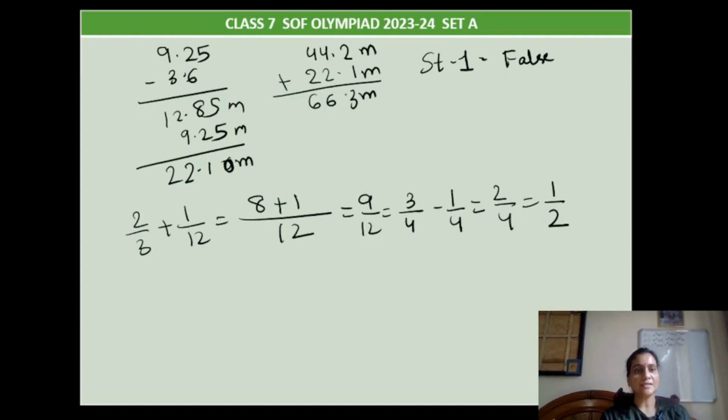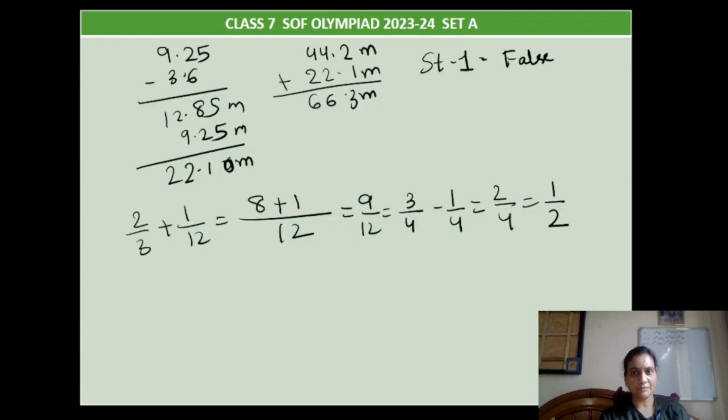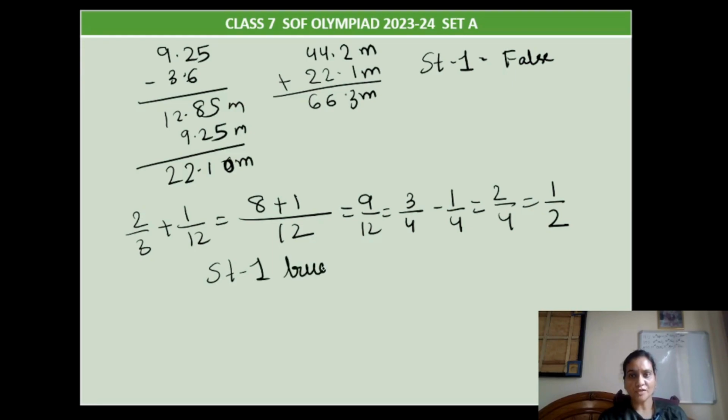So the statement saying Mr. Sharma and his son painted more than their neighbor is half. Definitely the fraction of the kitchen that they have painted more than the neighbor is half. We got 1 by 2 when we try to solve statement 2. So statement 2 is true. So we have to go for the option where statement 1 is false and statement 2 is true.